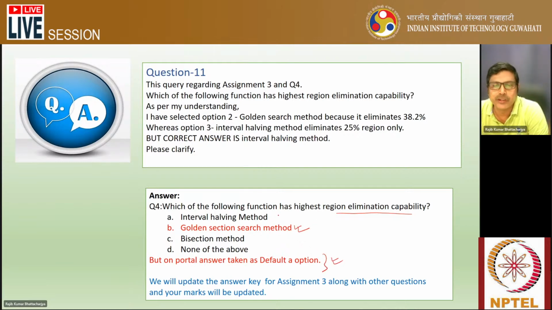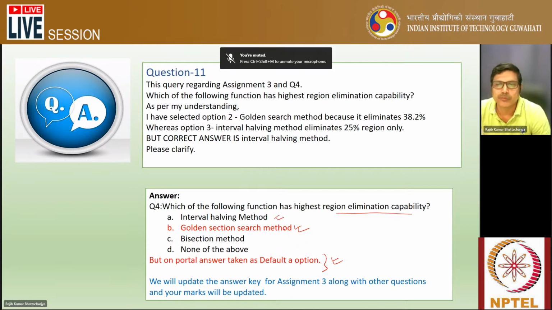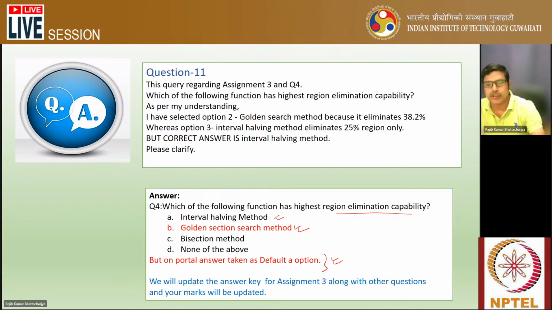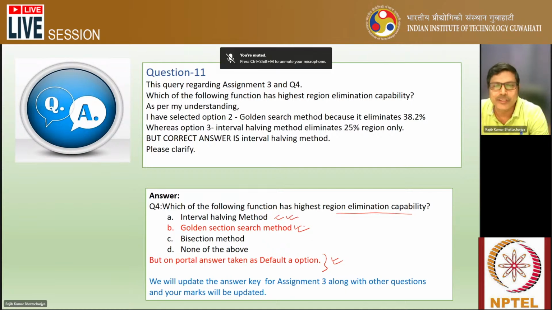It is not the interval halving method. Sorry, it's not genetic algorithm, it's the golden section search method. So it's not interval halving, it's the golden section search method.